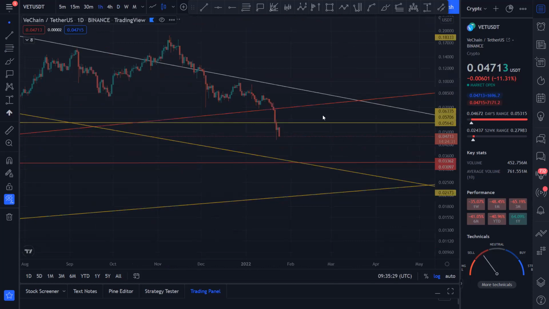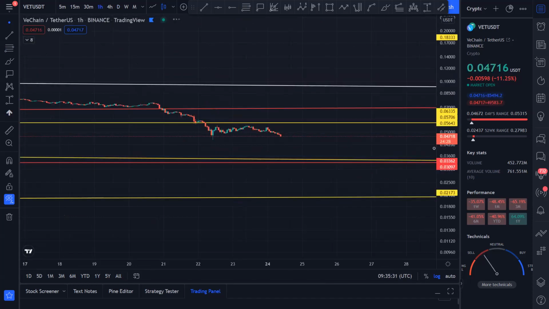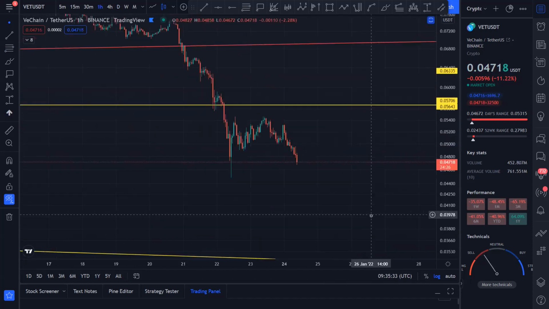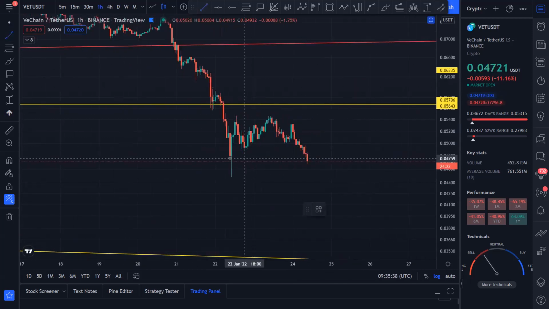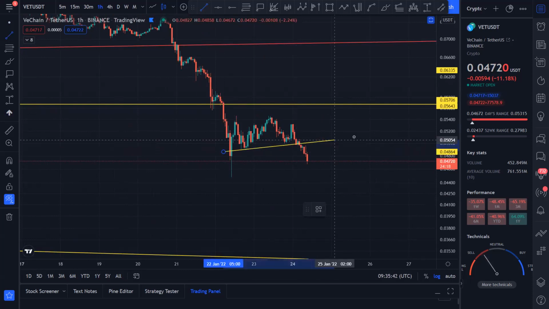Now if you go to the 1 hourly chart, you can see clearly that we had this support.